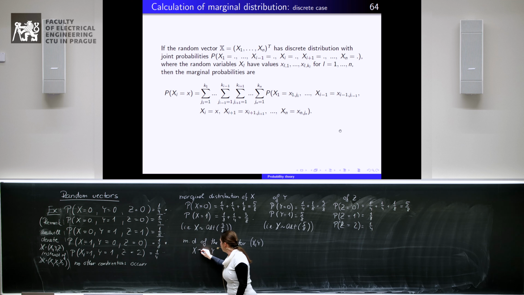So it means that we care about the probability that both these variables are equal to 0. X is equal to 0, y is equal to 1. X is equal to 1, y is equal to 0, and both these variables are equal to 1.